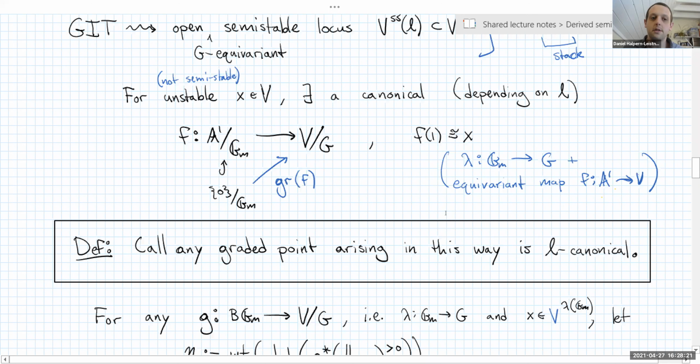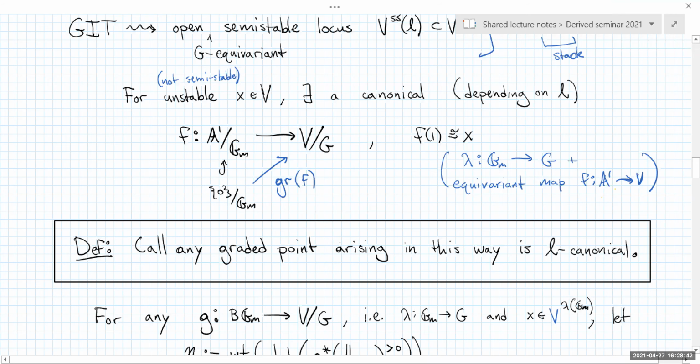It's the nature of Harder-Narasimhan filtrations that any such point will also be the associated graded of its own Harder-Narasimhan filtration. So you could also just define it that way. You can define it that way as well.